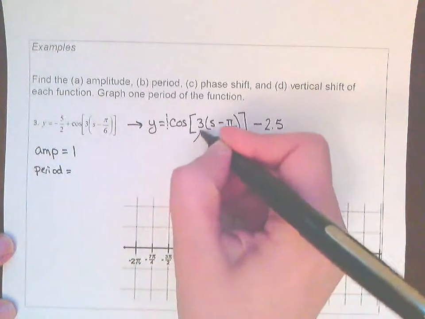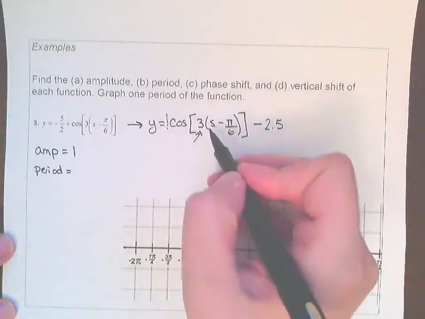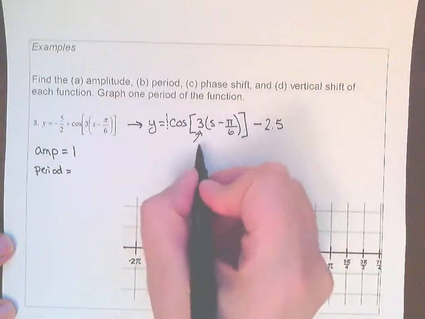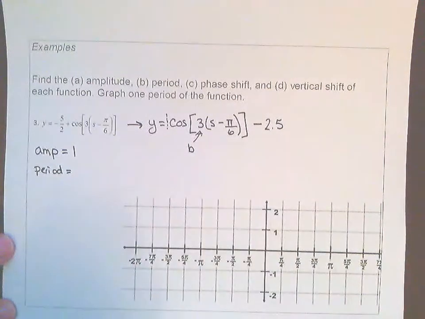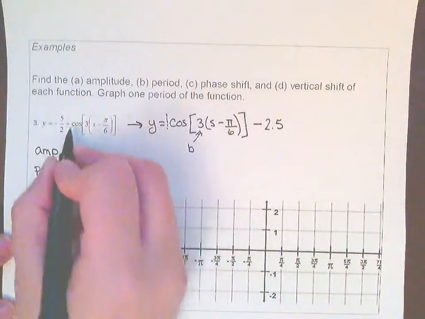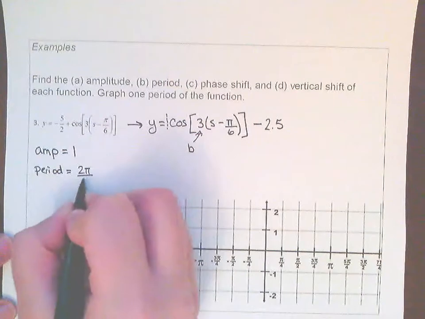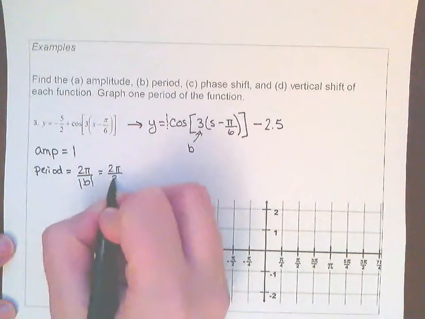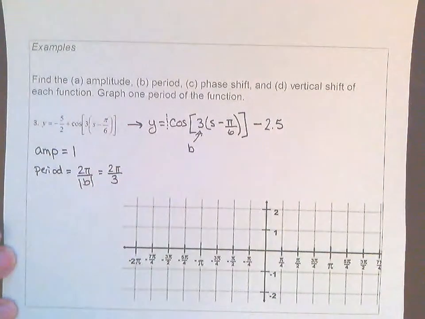So you need to remember that this can also be distributed back in, okay? So this is your B value. So our period here, because it's cosine, is going to be 2 pi over absolute value of B, so it's going to be 2 pi over 3. So the graph is shrunk a little bit.